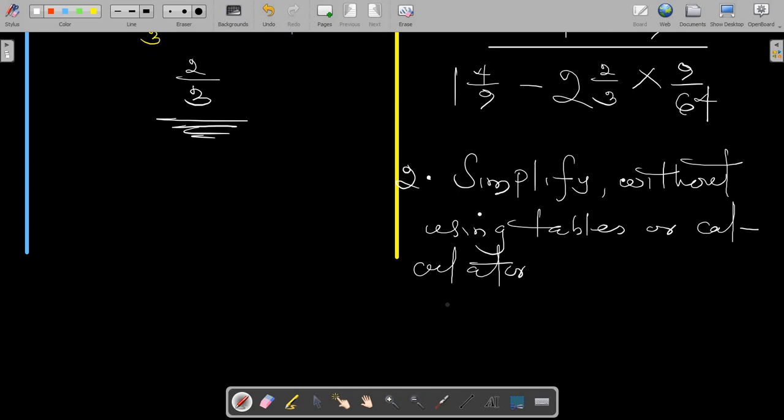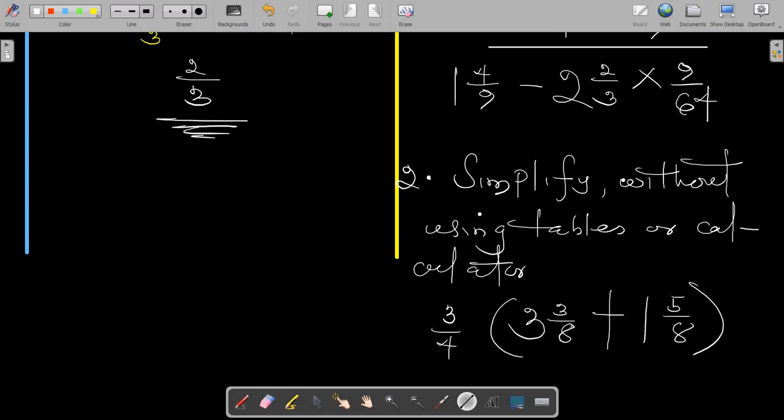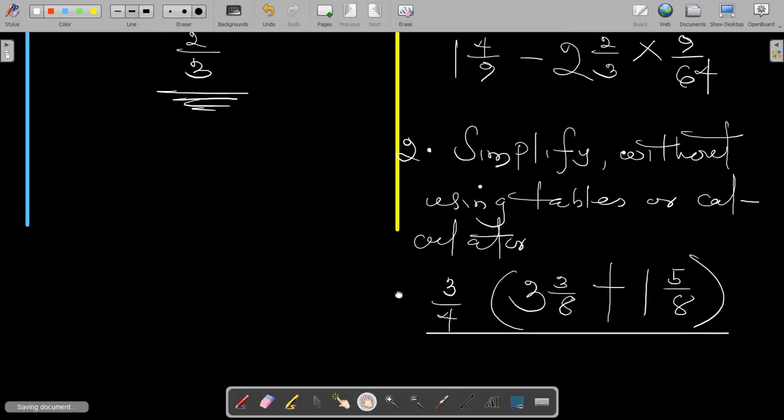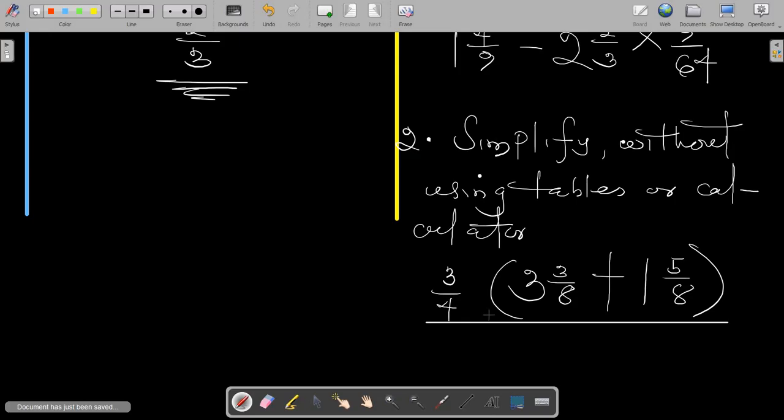So we are given something like this: 3 over 4 into bracket 3 whole number 3 all over 8 plus 1 whole number 5 all over 8, to divide 2 whole number 1 all over 8 minus 1 whole number 1 all over 2.